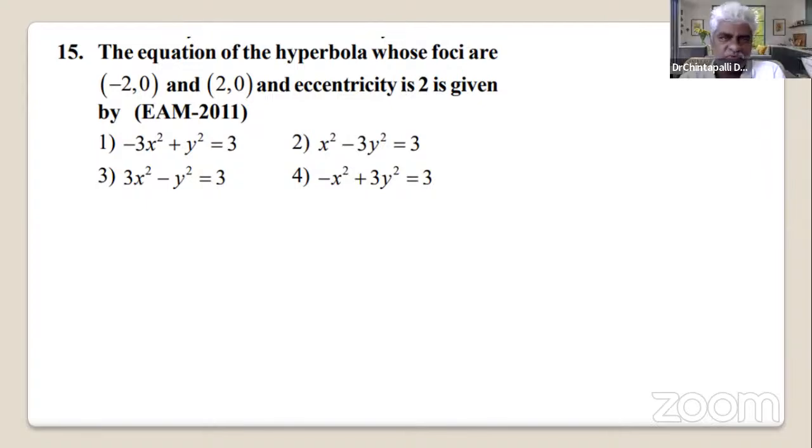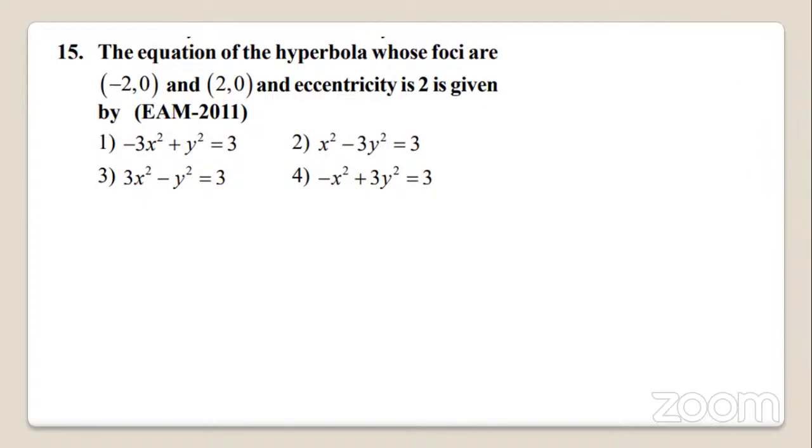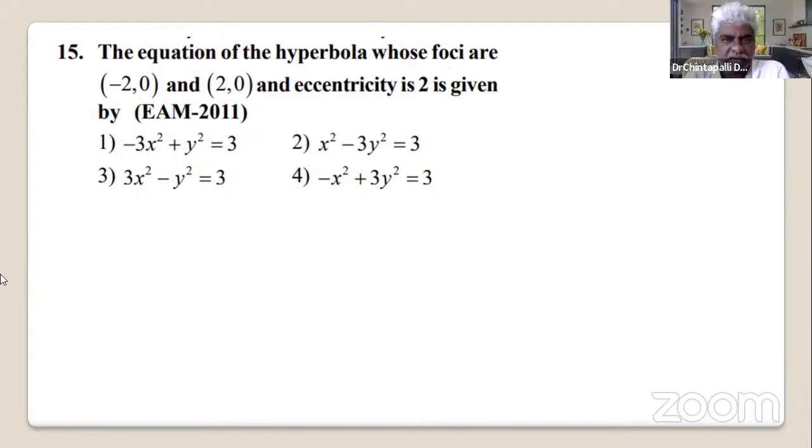A is 1, E is 2. B square equals A square times E square minus 1, 4 minus 1. B square equals 1 times 3. B square equals 3. So it's x square minus y square by 3 equals 1, that is 3x square minus y square equals 3. So is it option 2, sir? Very good. That's correct.